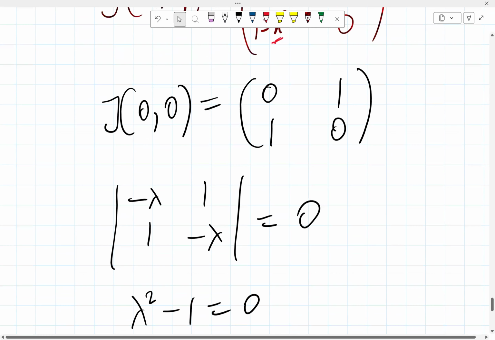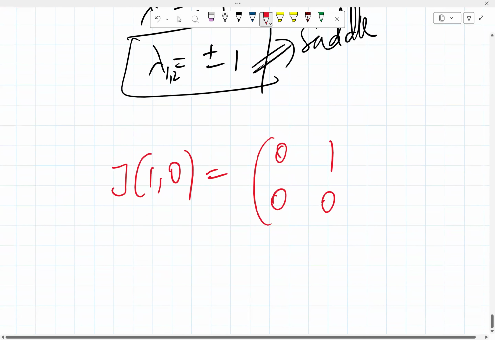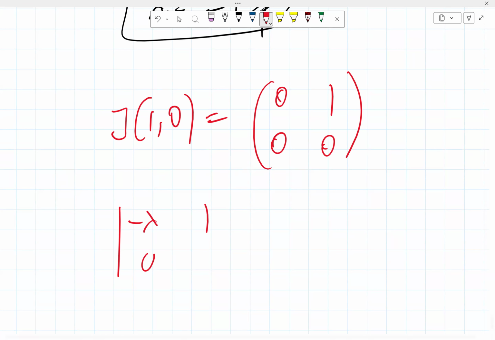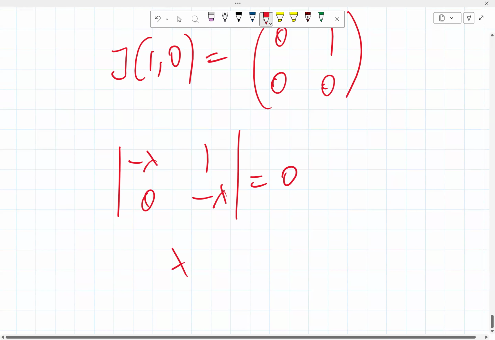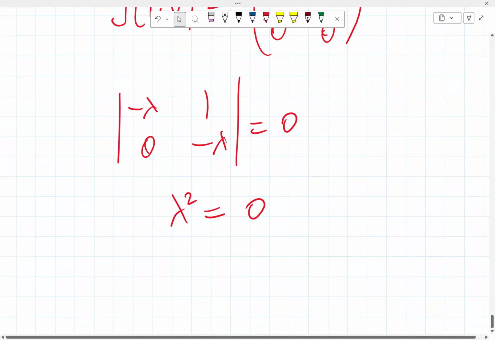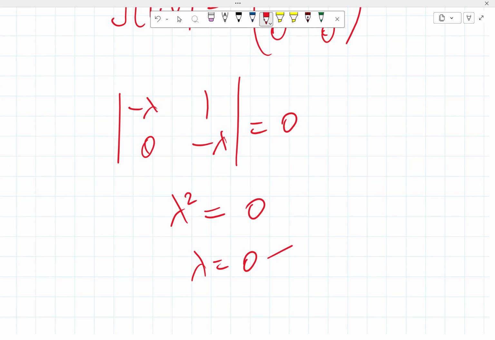So the determinant of minus lambda, 1, 0, minus lambda is equal to 0. That means lambda squared equals 0, which means lambda is 0, and this is a center because the determinant is 0. That gives us a center.